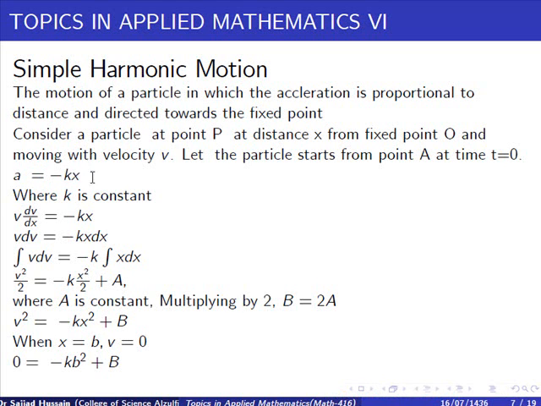Now we solve this equation. Here a is acceleration and we use acceleration is equal to v dv over dx, where v is the velocity at any time or at any position. This is equal to minus kx. We use separation of variables. v dv is equal to minus kx dx, and now we integrate this equation. Integral v dv is equal to minus k integral x dx.